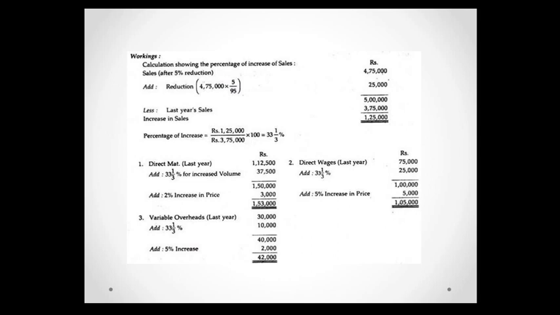And direct wages, last year it was 75,000. The impact of percentage of increase in sales is 33 1/3%. So we are applying it here for direct wages also, it comes to 25,000. Then we are adding the expected 5% increase in price. So it comes to 5,000. That is 1 lakh 5,000.